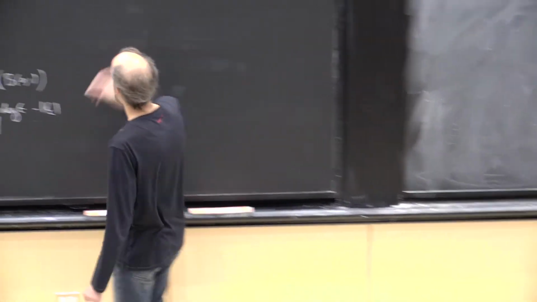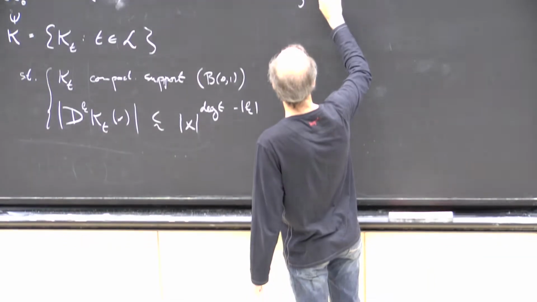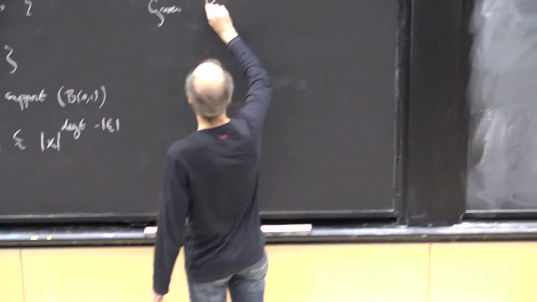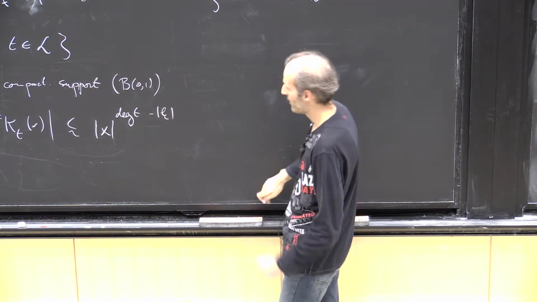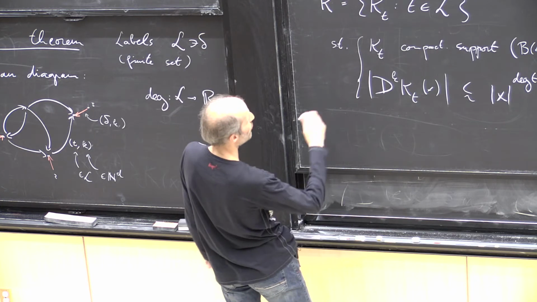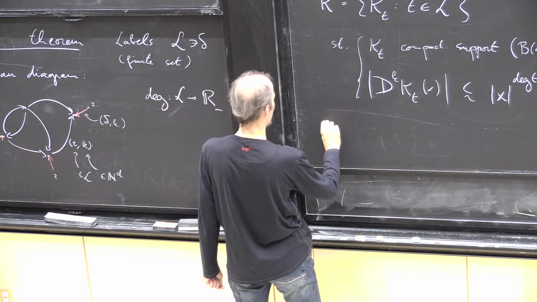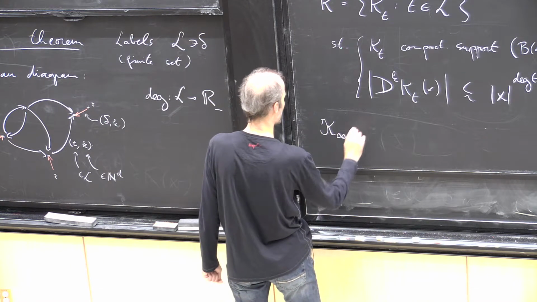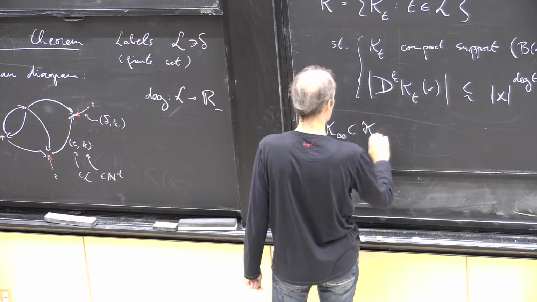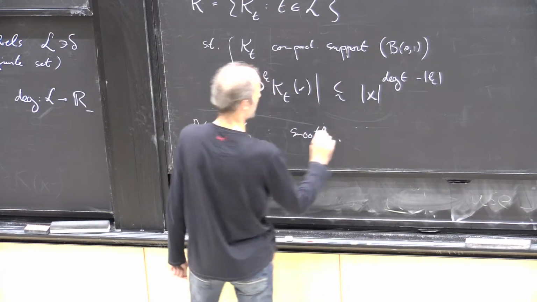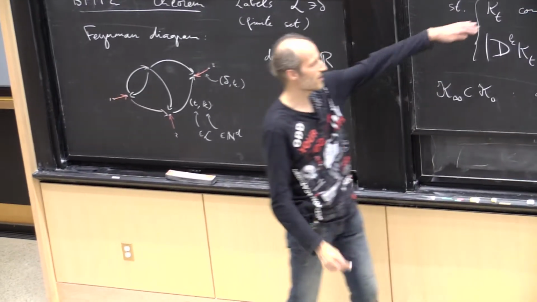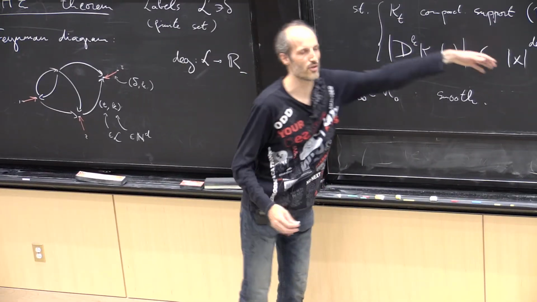And now given some K in K_0, it's going to be convenient to also introduce K_infinity. K_infinity, a subset of K_0, is those that are smooth. So they still satisfy a bound like this, since a smooth function always satisfies such a bound.